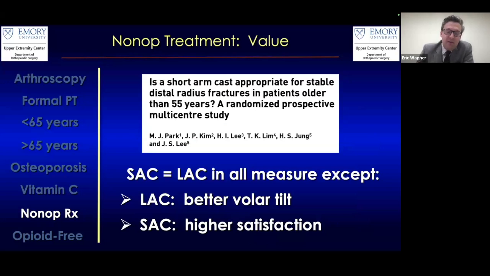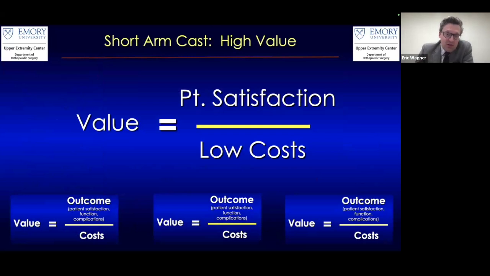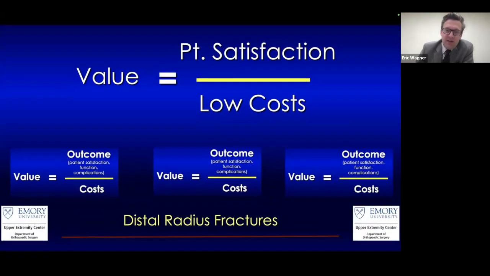And interestingly enough, study after study has shown that short arm casts are as good as long arm casts, both with regards to patient satisfaction and a lot of the radiographic outcomes. And so in general, I think a short arm cast is a very reasonable treatment nowadays for a lot of these. Now, obviously it depends on if you're trying to hold a specific reduction and some of the other parameters, but I do think this is a pretty safe, evidence-based way to treat patients.